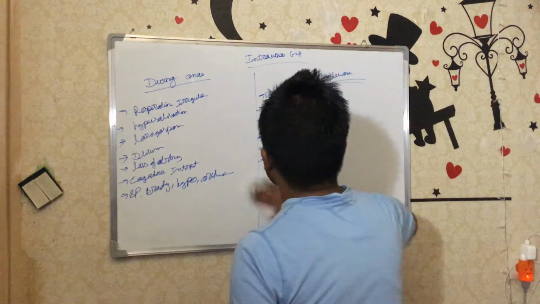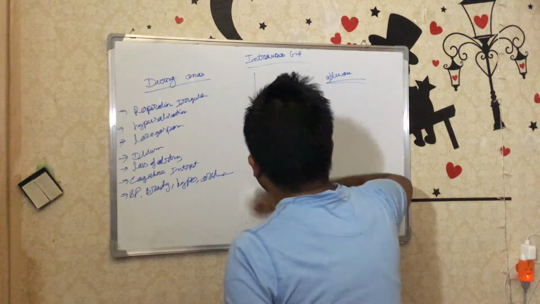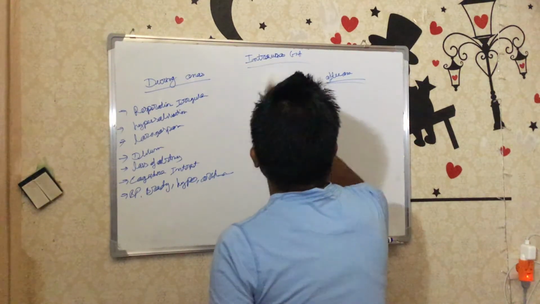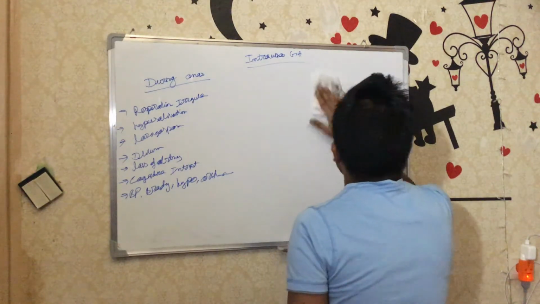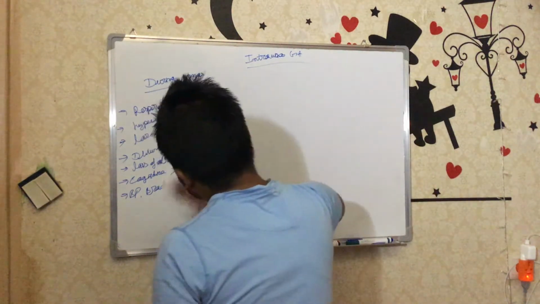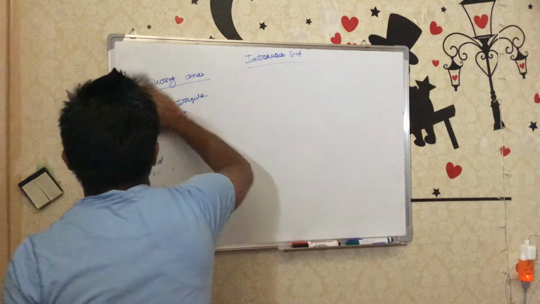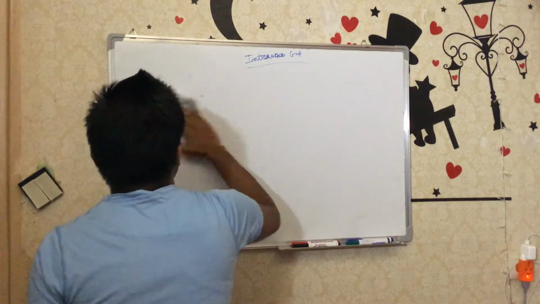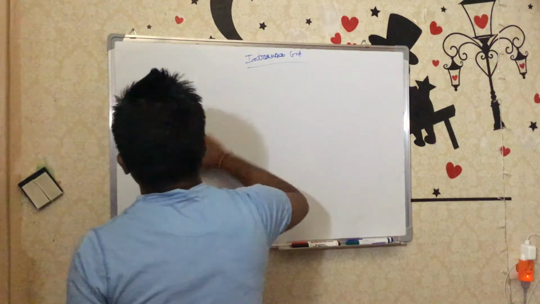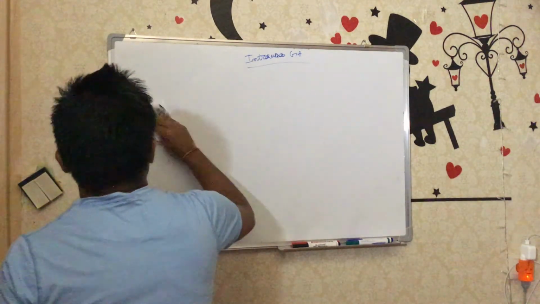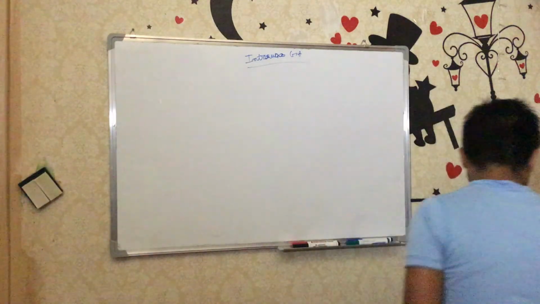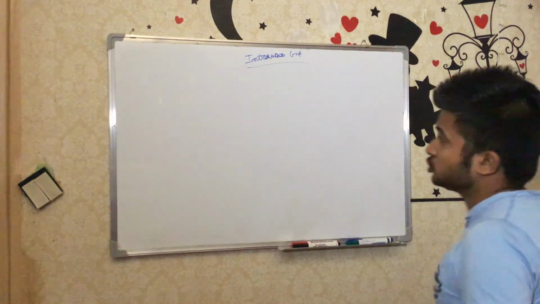You can see some pre-medication drugs and post-medication drugs we should know. First we discuss the pre-medication. Pre-medication means before the operation, because some patients may be too scared, too fearful that they are going to surgery.